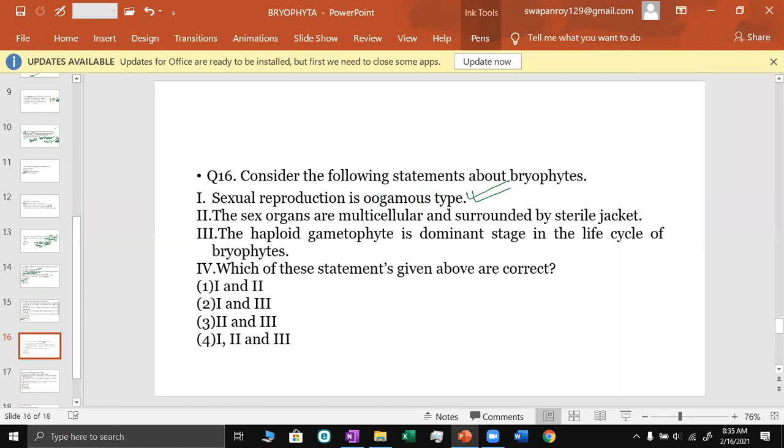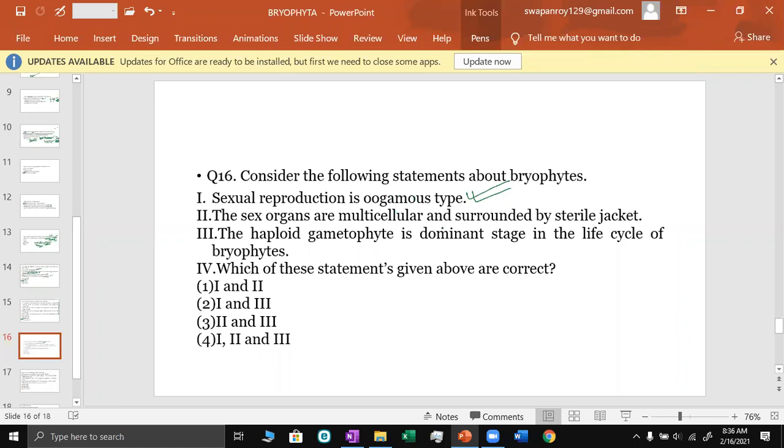Passive means they do not move, and massive means the size is also large. The male gamete is micro and motile, active.